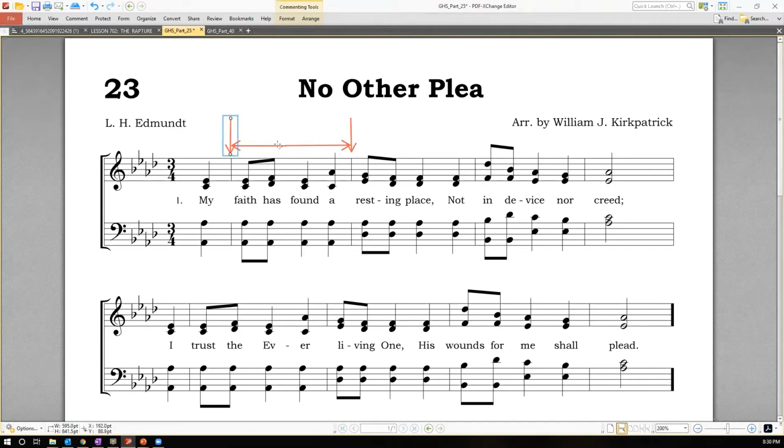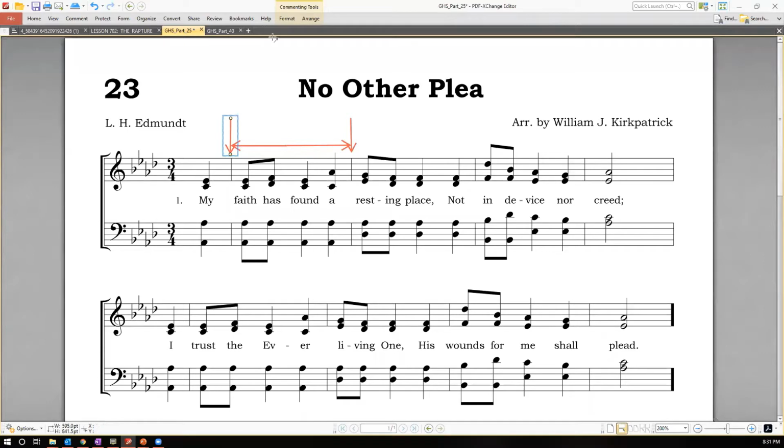So the region in between these two bar lines is called a measure. Now the number 3 here tells us how many beats are in this bar. The number 4 here tells us the type of note that represents one beat.